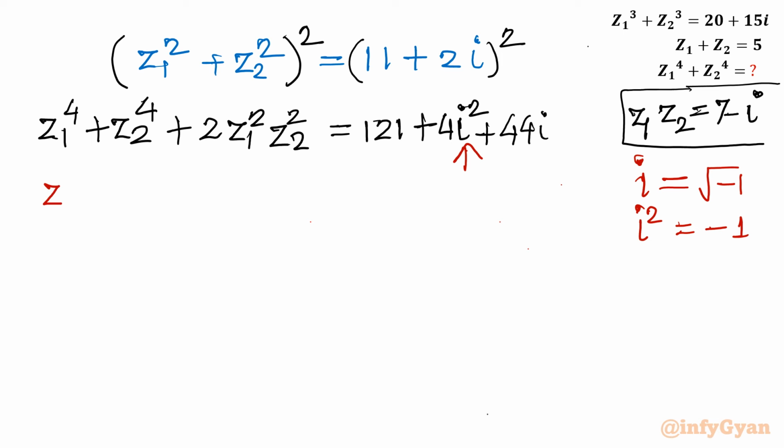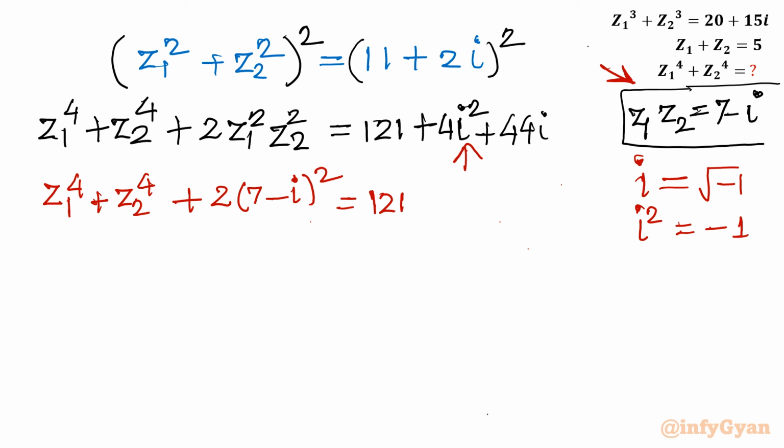So this equation will become z1 power 4 plus z2 power 4 plus 2 times z1 z2 squared, where z1 z2 is 7 minus i, so I will write 7 minus i whole square. On the right hand side it would be 121 minus 4, because i square is minus 1, plus 44i.